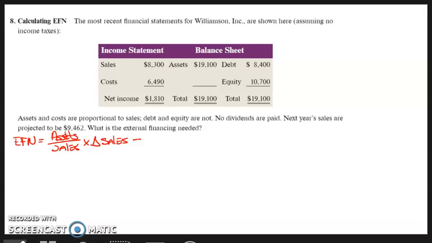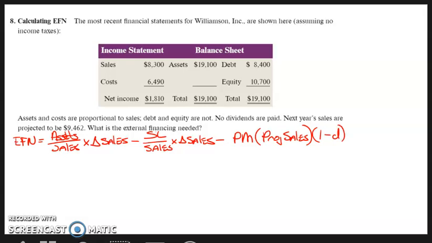minus spontaneous lending divided by sales, and then again multiplied by the change in sales, minus profit margin multiplied by projected sales, and then that's multiplied by the plowback ratio, or 1 minus the dividend payout ratio.